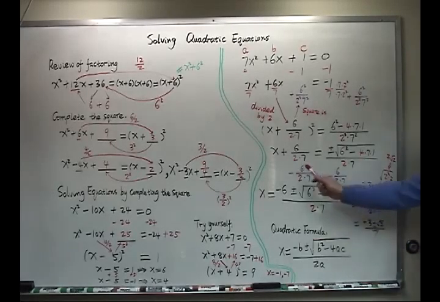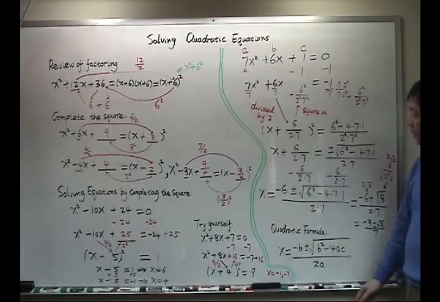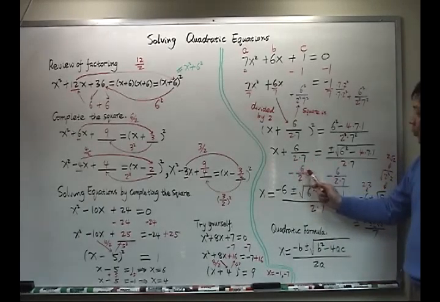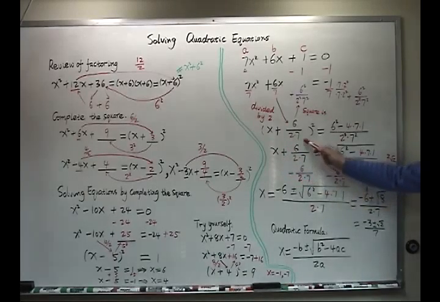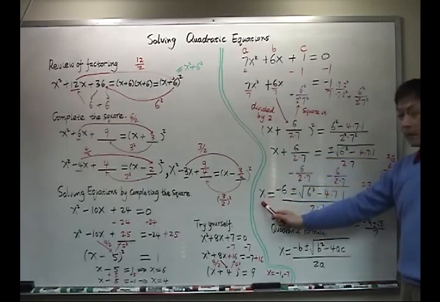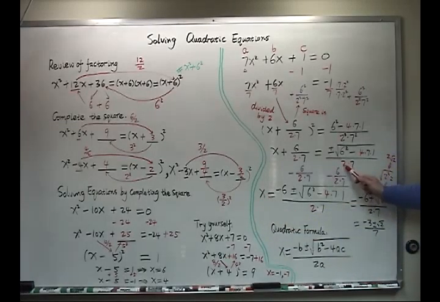Now, on the left hand side, we have plus 6 over 2 times 7. So if we subtract 6 over 2 times 7 on the left hand side, and also the right hand side, then on the left hand side, positive and negative will cancel each other with x standing alone. On the right hand side, denominators are the same, 2, 7 for this big one, and then 2, 7 for the smaller one.